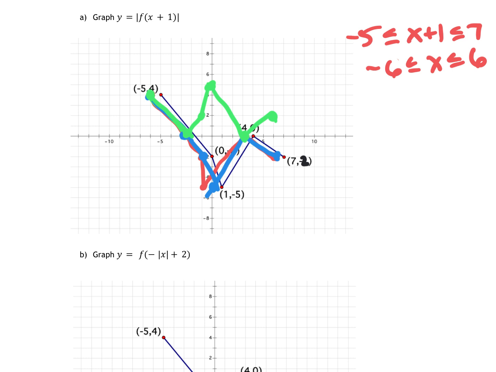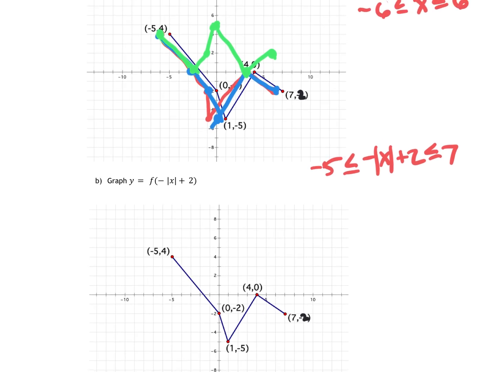Now part B. So I find it helpful to put the domain transformations between the extremes of the domain, which again will be -5 to 7, because that's going to help us figure out the order we'll do these transformations. So the first thing we're going to do is left 2.